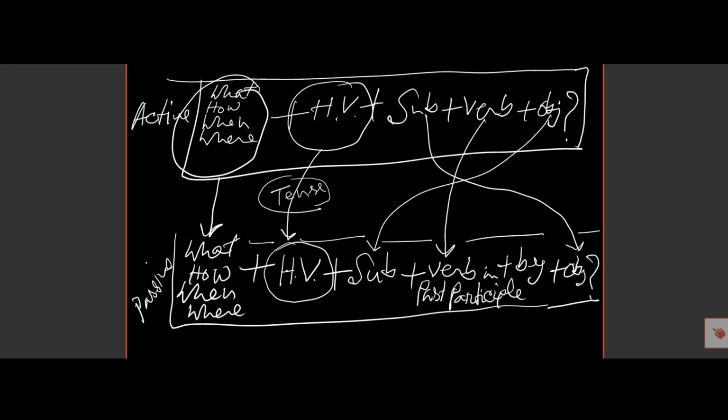Then the object will be the subject after the auxiliary verb, then the main verb will be the past participle, and the subject will be the object. Then before it we must put the preposition by.